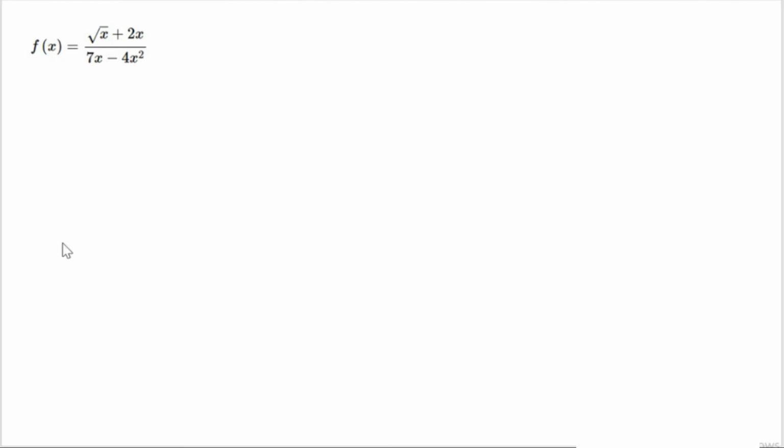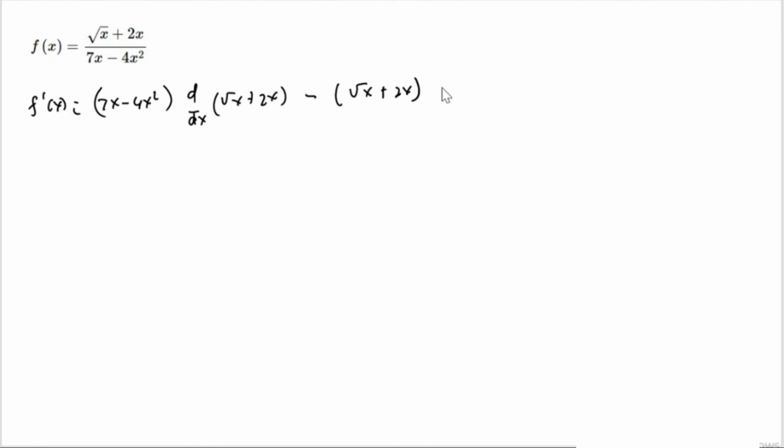So using the quotient rule, we have now f prime of x is equal to, for the denominator, 7x minus 4x squared times the derivative of the numerator d over dx of the square root of x plus 2x, minus the numerator, square root of x plus 2x, times the derivative of the denominator.